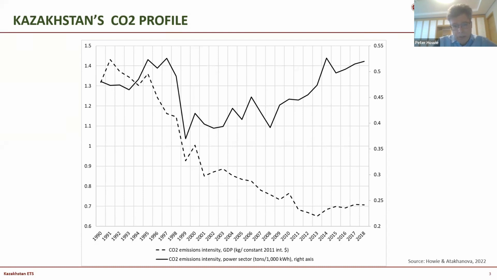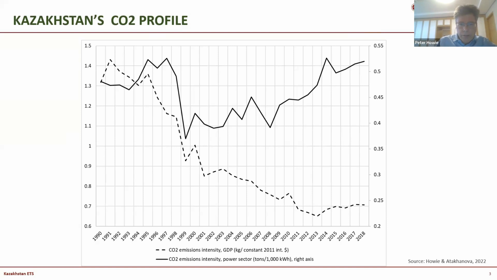Kazakhstan's economic development and its carbon intensity in the power sector are closely correlated, and this is an issue we have to consider a lot.